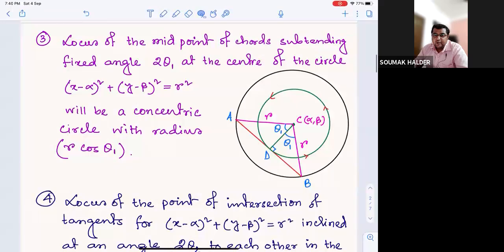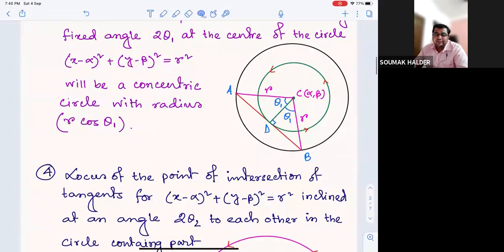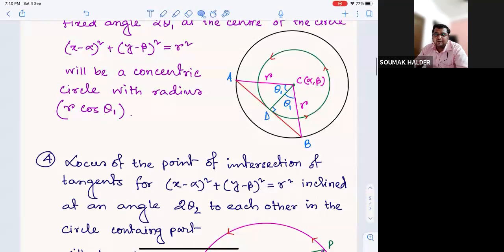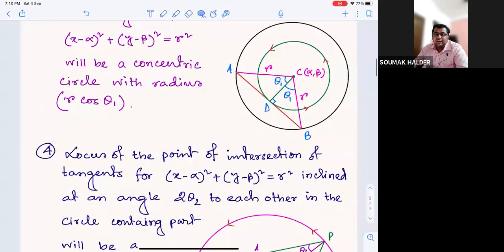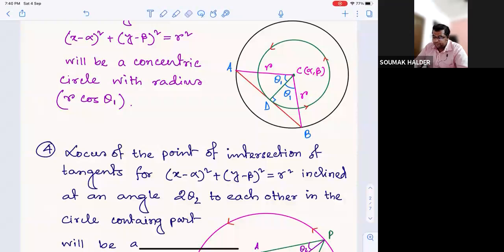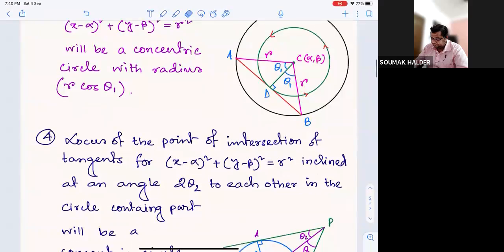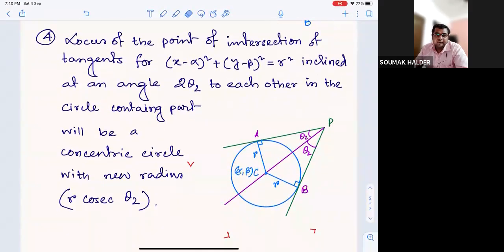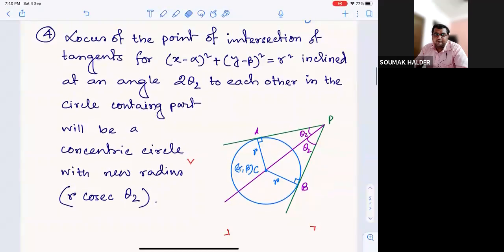Next, locus of the point of intersection of tangents for that circle with center (alpha, beta) and radius r, which are inclined at an angle 2 theta 2. Say P is such a point from where we can draw a pair of tangents to this circle, and the angle subtended was 2 theta 2.